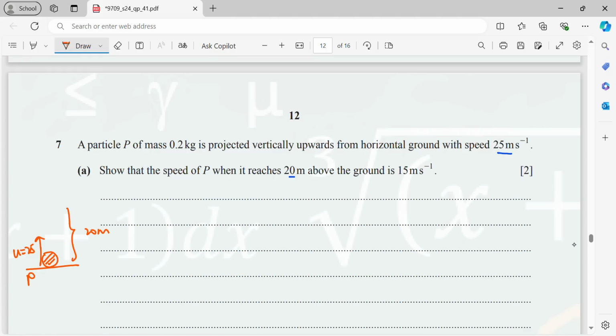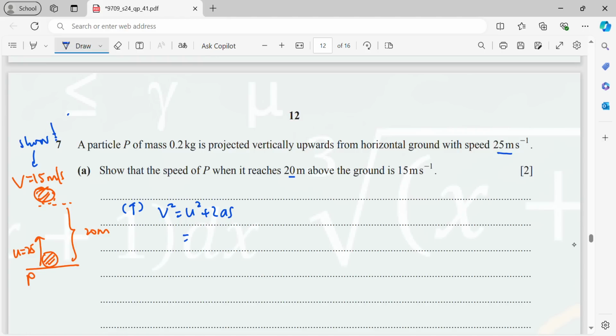Okay, so you want to show that the V, when here, 20 meters, the V equals 15 meters per second. So what to do is, I will just refer to upwards force. So upwards consider positive. So now your V squared equals U squared plus 2AS. So I want to show this.